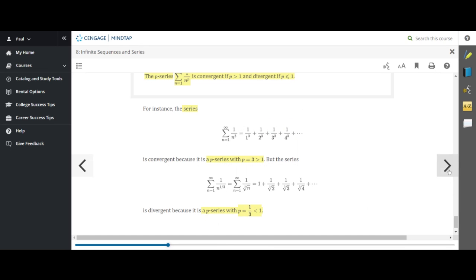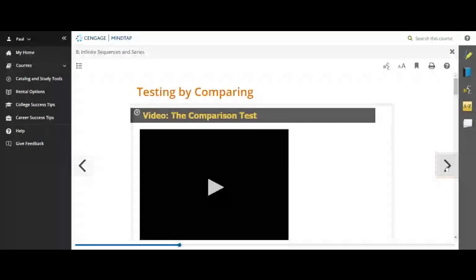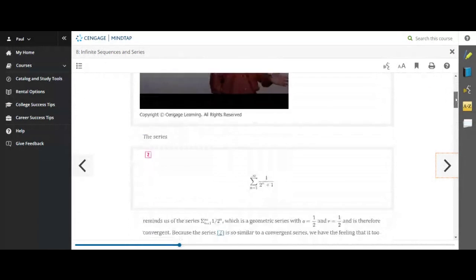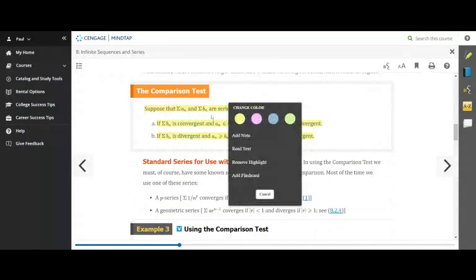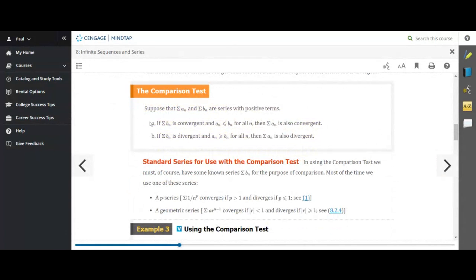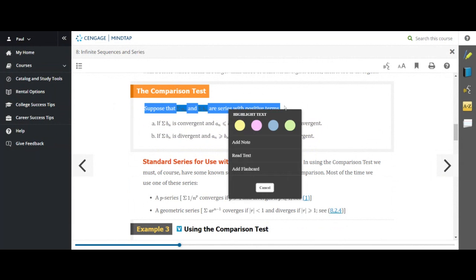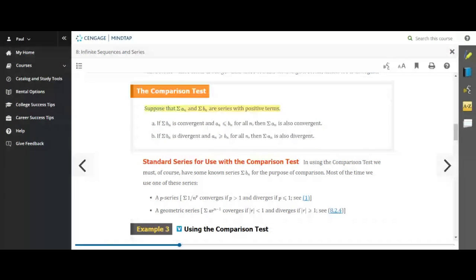And as a matter of fact, this brings us to something called the comparison test. The comparison test says suppose you have a series with positive terms. The series that we're dealing with in section 8.3 either are going to have all positive terms or all negative terms.